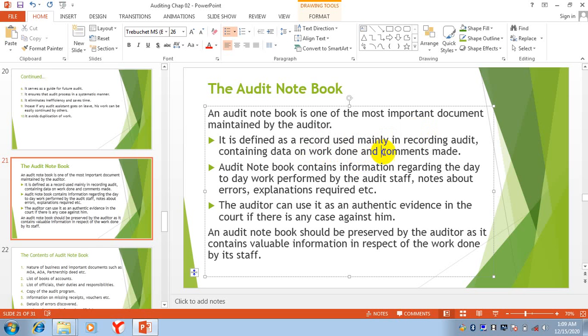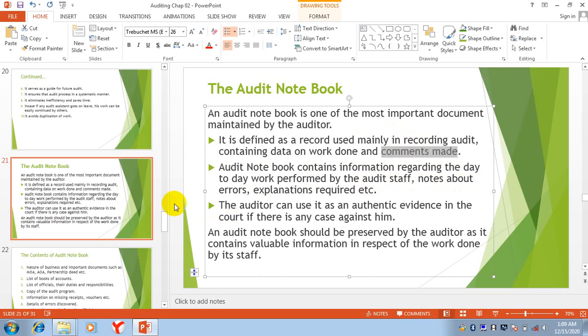And comments made, different types of comments that are coming, we are recording in this book. The audit notebook contains information regarding the day-to-day work performed by the audit staff. Just like I told you, it is a book in which we are recording the day-to-day activities, the day-to-day work performed by the audit staff.